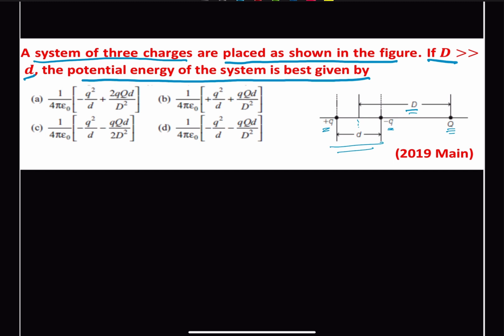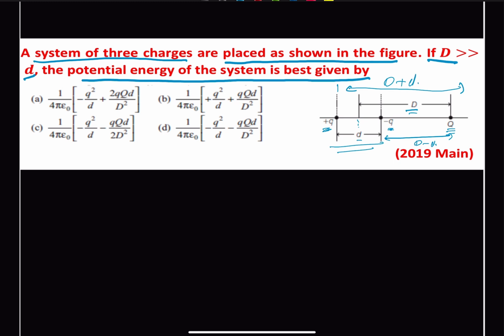One is a more traditional way. We can consider that initially only charge Q is present. From infinity we bring a charge minus Q at a distance of d, find out its energy, and then we bring this Q in the presence of both the charges plus Q and minus Q, and the respective distances will be D minus small d and D plus small d.